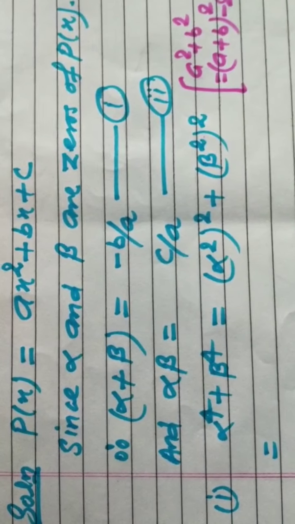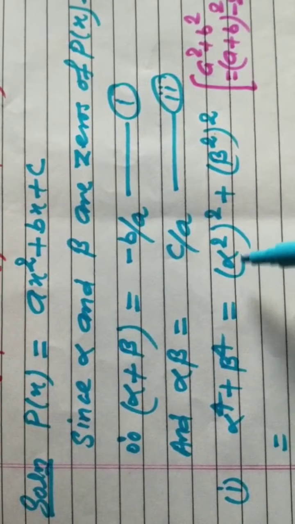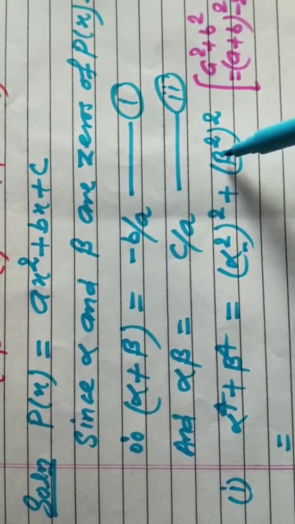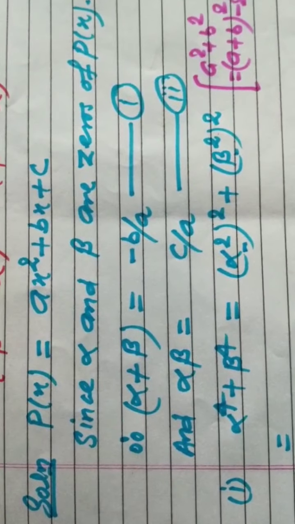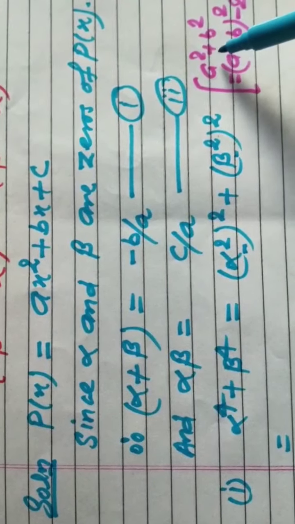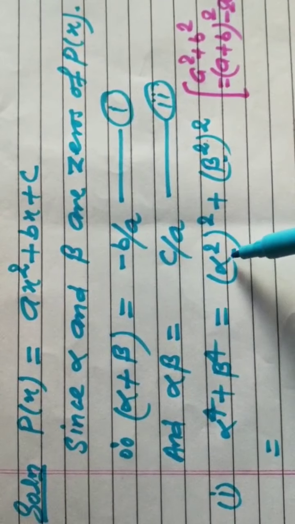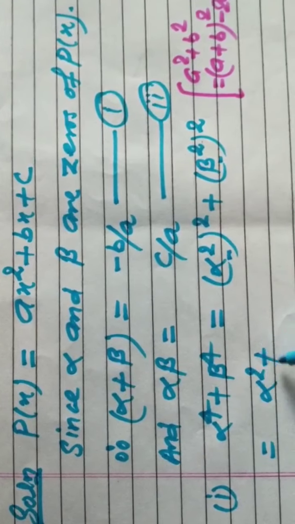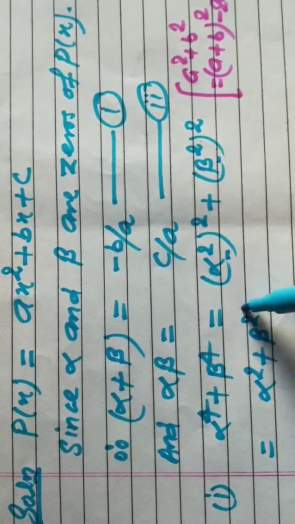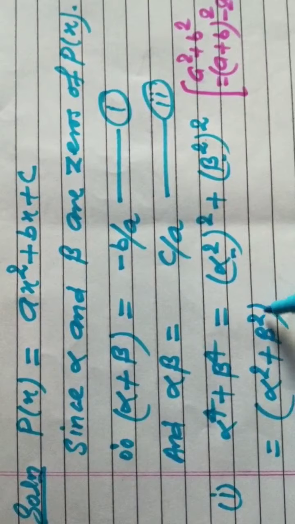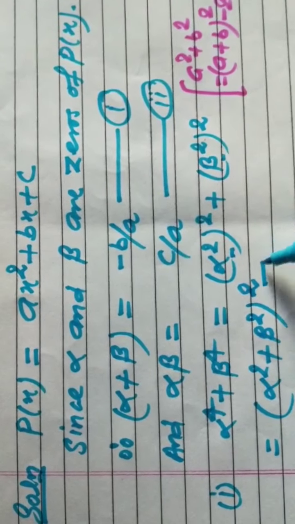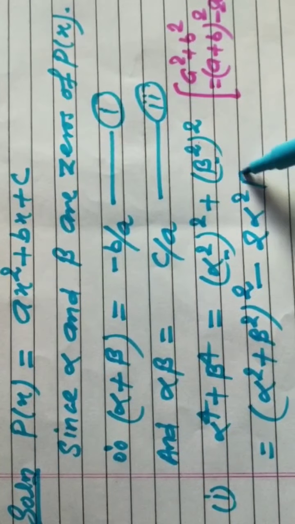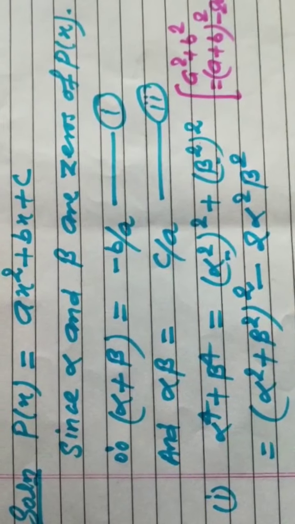So here at the place of a there is alpha square, at the place of b there is beta square. So on this identity we can write it as alpha square plus beta square, that is (a plus b) the whole square, minus 2ab, that is 2 alpha square into beta square.